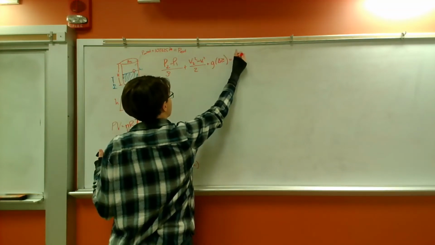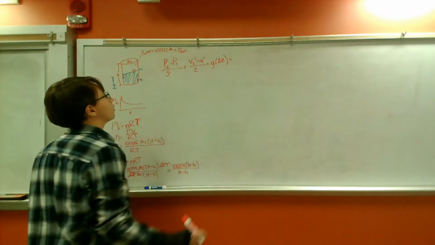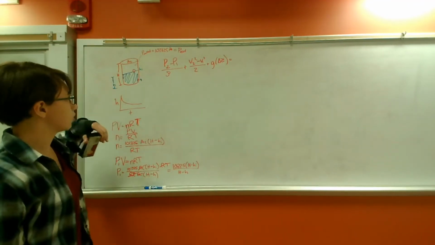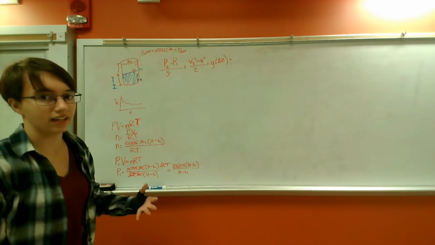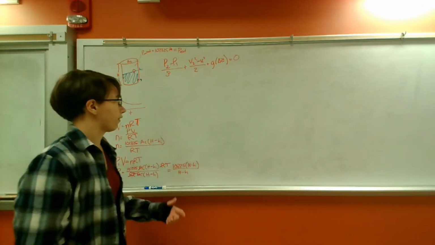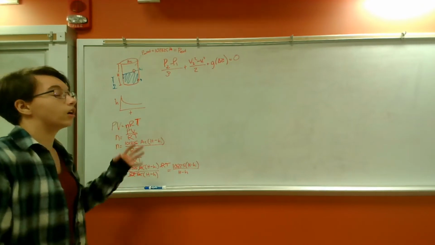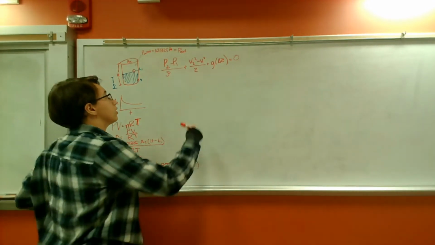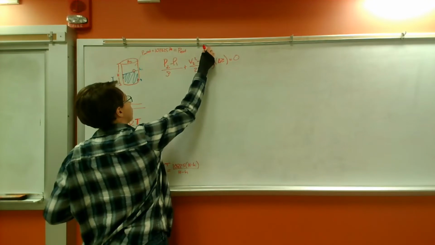And that is equal to the frictional heating. In our case, we're going to assume that frictional heating is negligible and we're not going to consider it. So we'll just have that set equal to 0. The other thing that we're going to have set equal to 0 is going to be our velocity at 1.